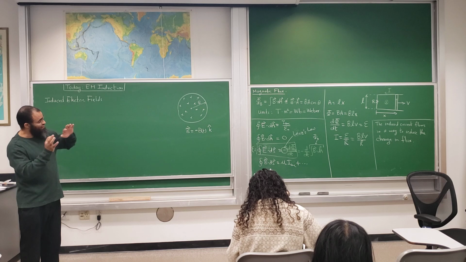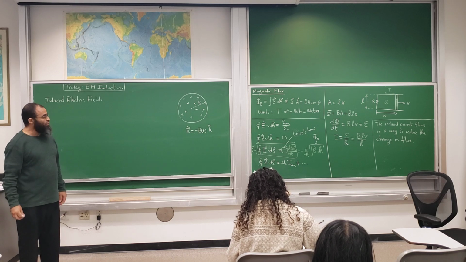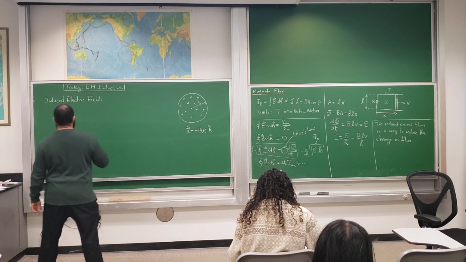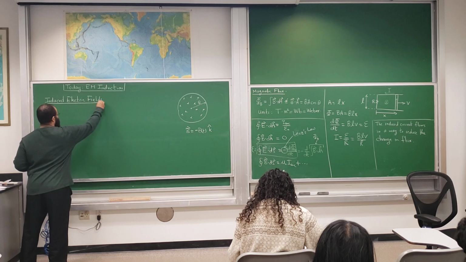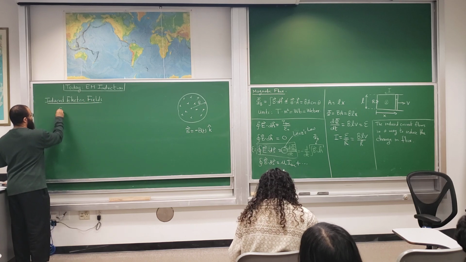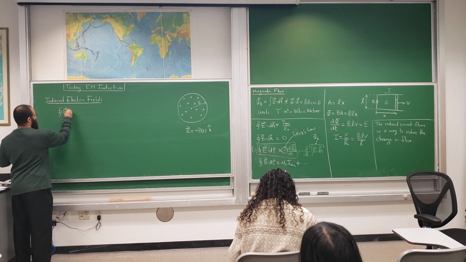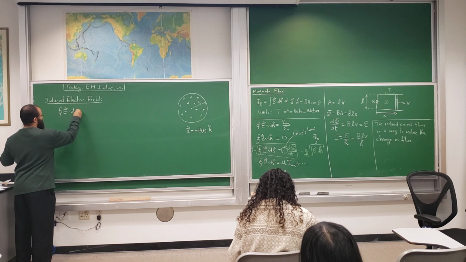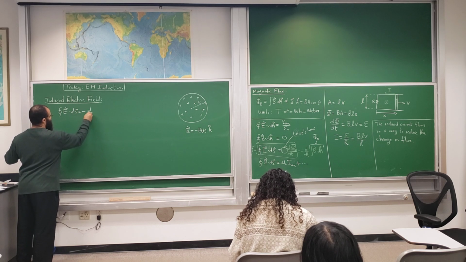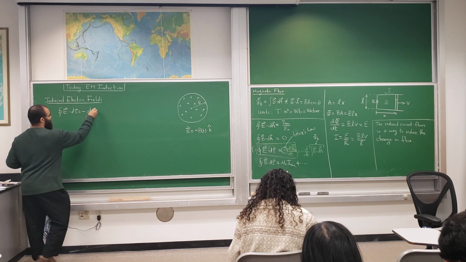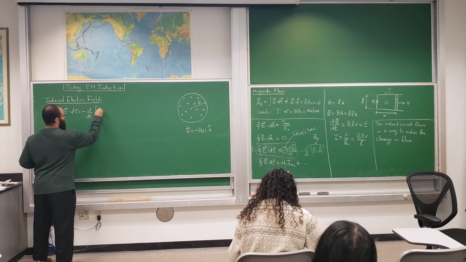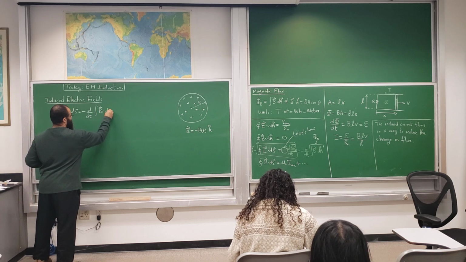So if there is a magnetic field and it's changing, according to Faraday's law there will be an induced electric field. Here it is: the closed line integral of E dot ds equals minus d/dt of the integral of B dot dA.